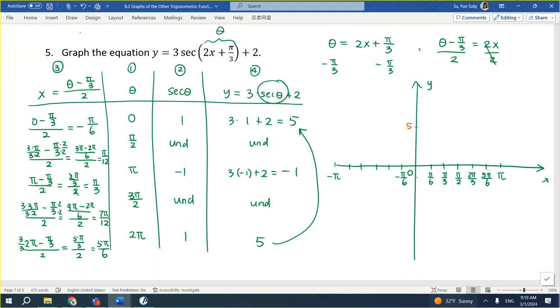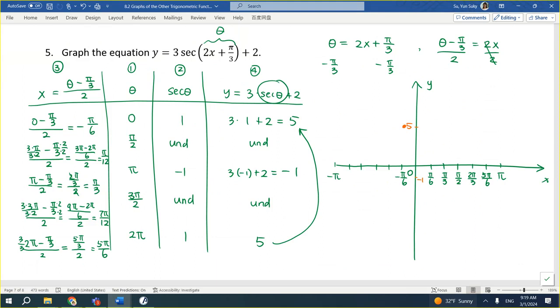And let's say negative 1 is here. So we get this point. Negative pi over 6, we get 5. Okay? And then pi over 12. Do you see pi over 12 is half of pi over 6? Yes?